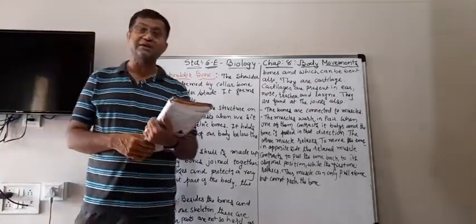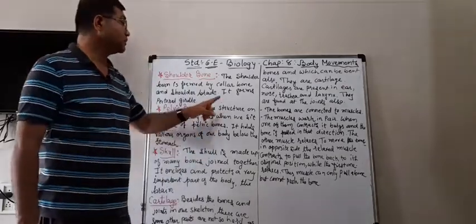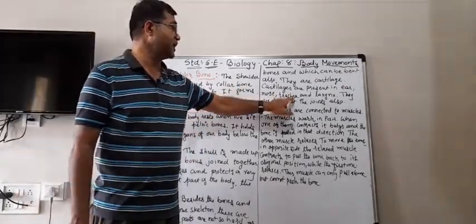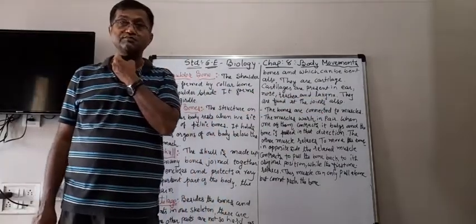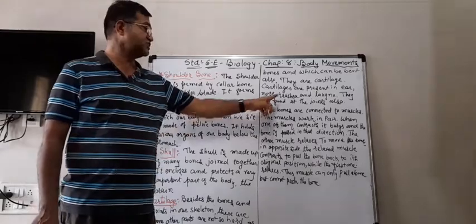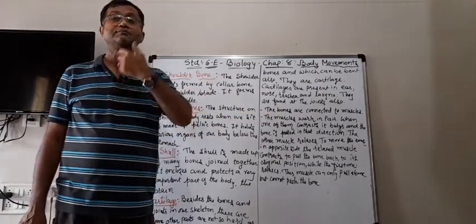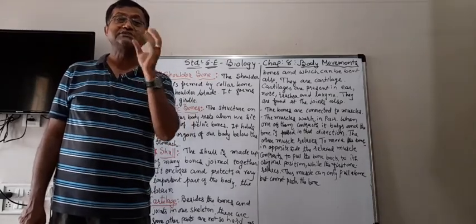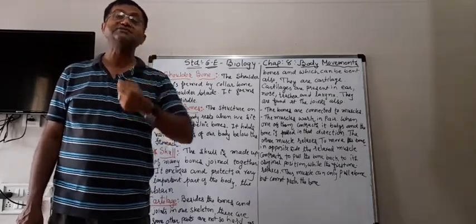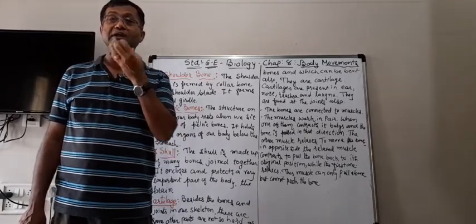Similarly, the same cartilage is in our trachea and larynx. Larynx means our voice box, and the trachea is the windpipe. That windpipe is also made up of some C-shaped rings which are made of cartilage.